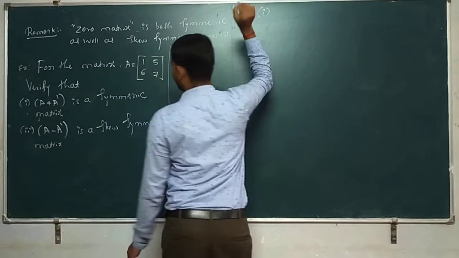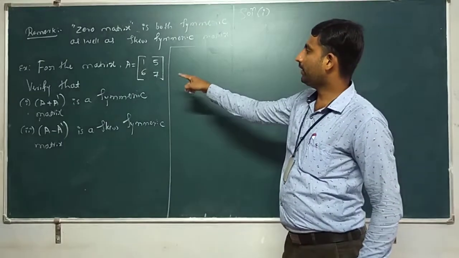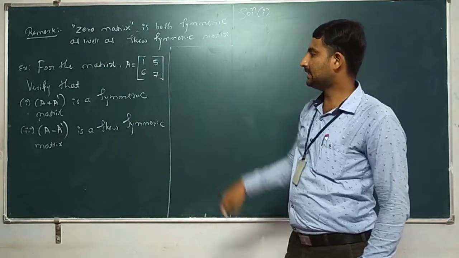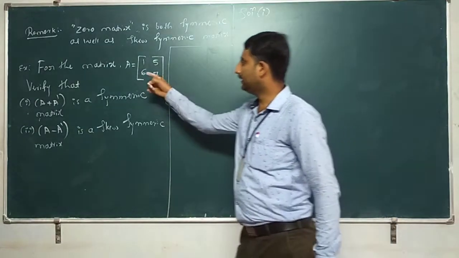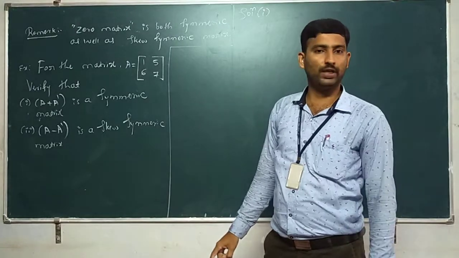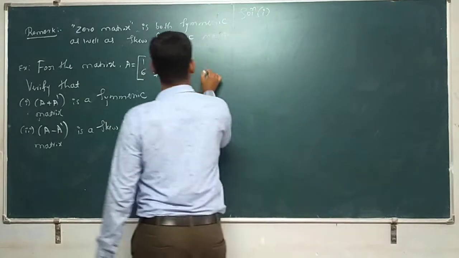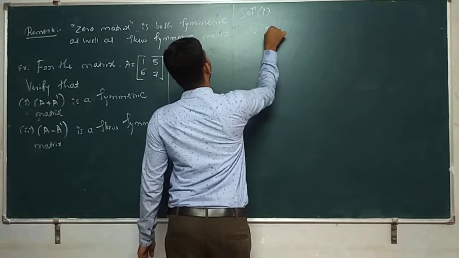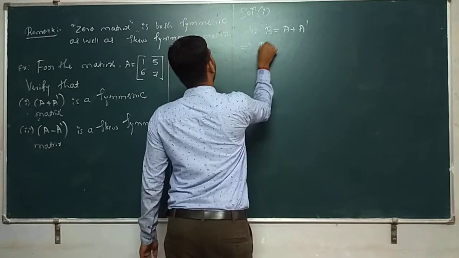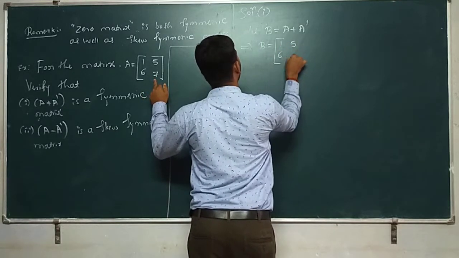Solution number 1. What are given? For the matrix A is equal to 1, 5, 6, 7, verify that A plus A dash is a symmetric matrix, and A minus A dash is a skew symmetric matrix. This is the question which is an application of theorem number 1. Like B is equal to A plus A dash. What is A? They are given 1, 6, 5, 7.